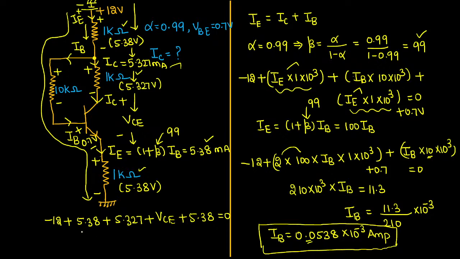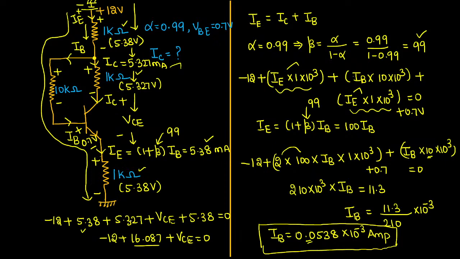Can you please add 5.38, 5.327 plus 5.38 plus 5.38? Totally I am getting minus 12 plus 16.087 plus collector to emitter voltage equal to 0. Now plus 16.087 minus 12 will become what?